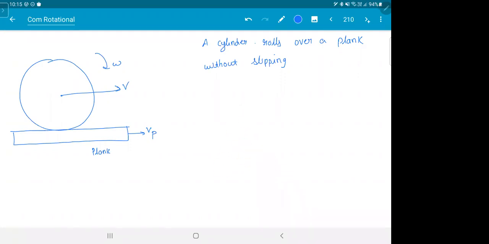So for example, in this scenario, this is A and this is B. A is the bottommost point of the cylinder. B is a point on the plank, in contact with A. So A and B are touching each other.